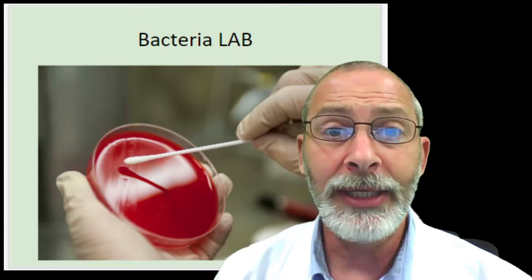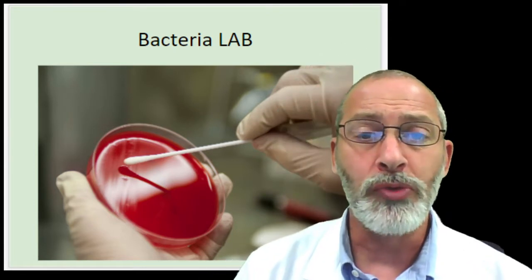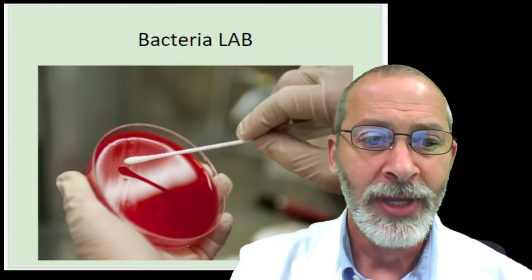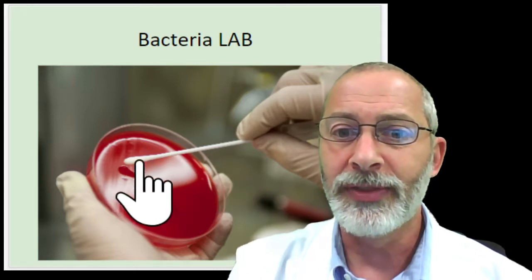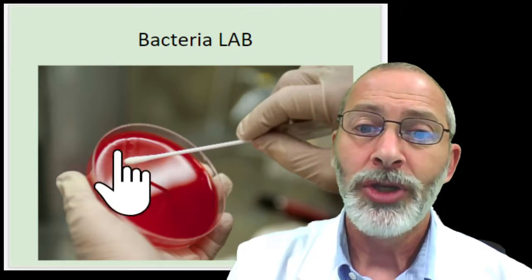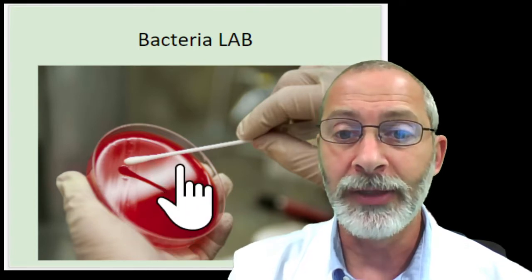Now, normally I would have you pair up and in your lab group go around the school and collect samples using a sterile swab like this one here. And when you bring it back to the lab, just rolling it gently on the agar in the petri dish.